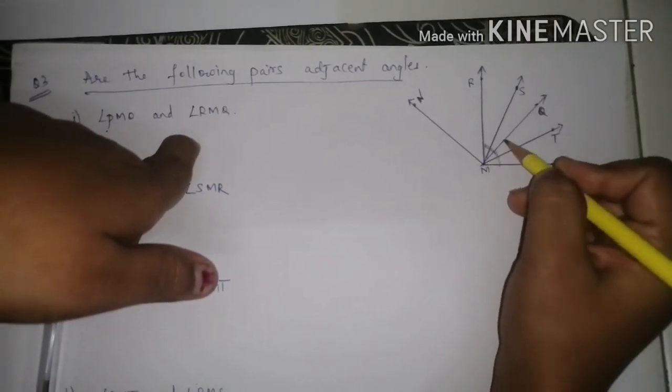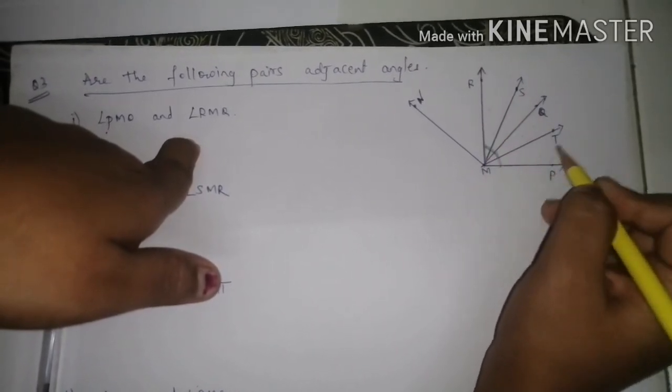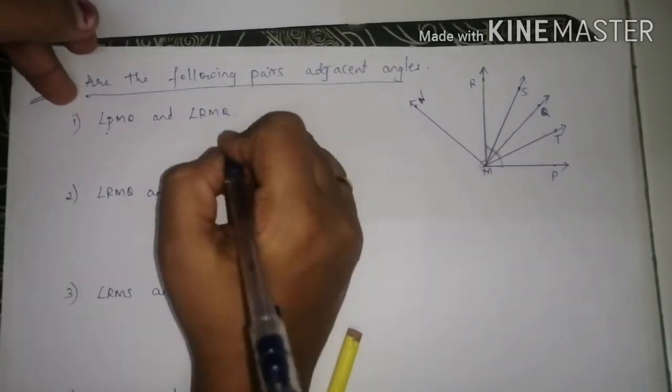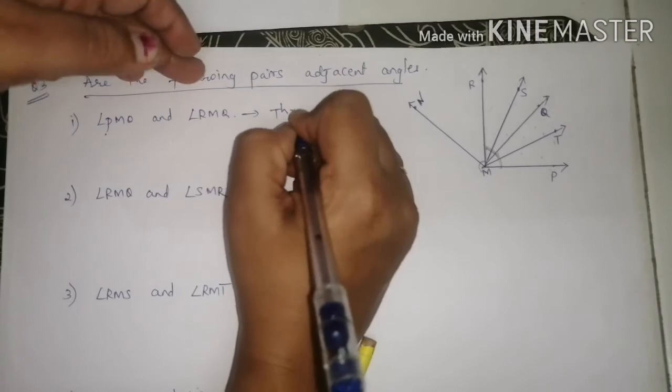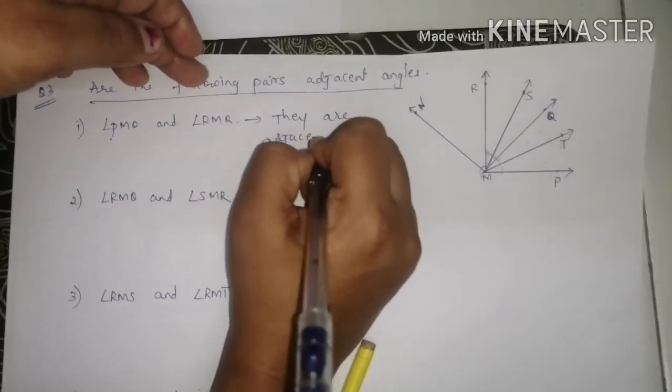So see, MQ is a common arm. Their interiors are also separate, and M is a common vertex we are getting. So they are adjacent angles.